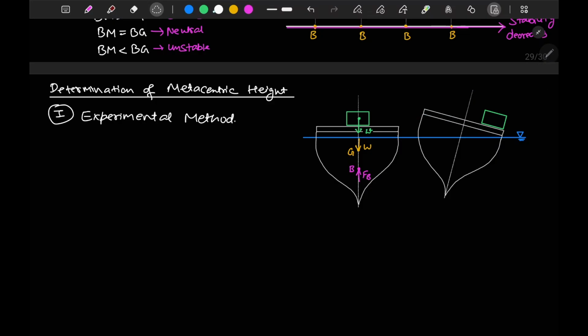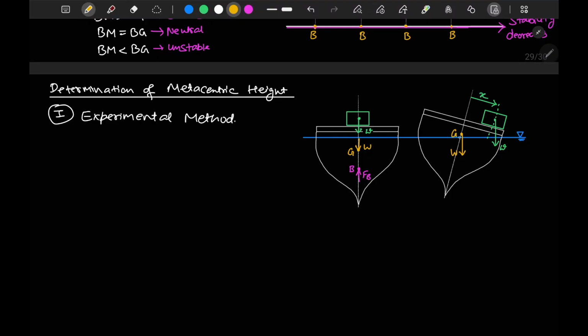At this point your weight W will be acting like this, and your weight w will still be acting at this point.